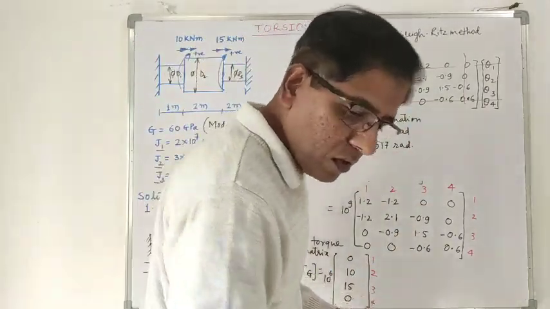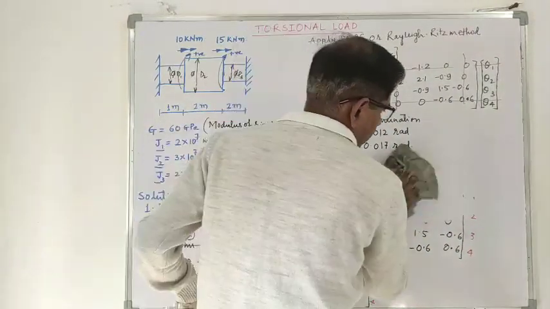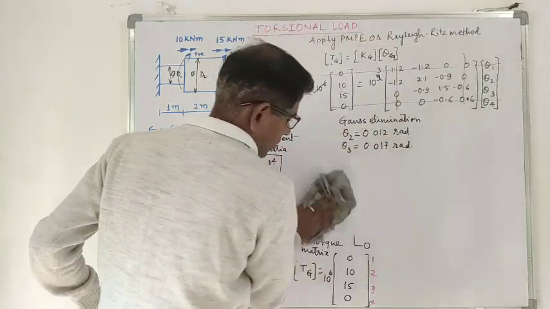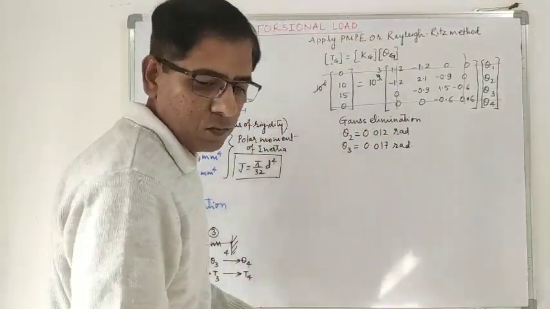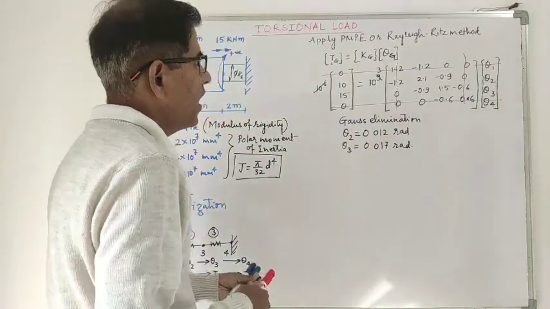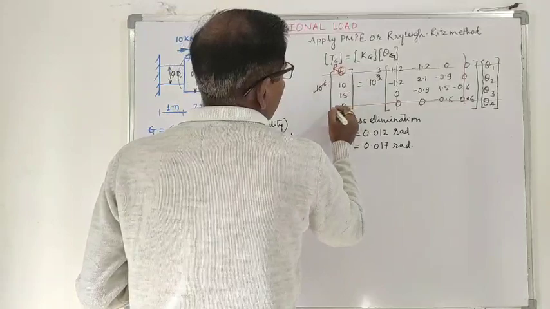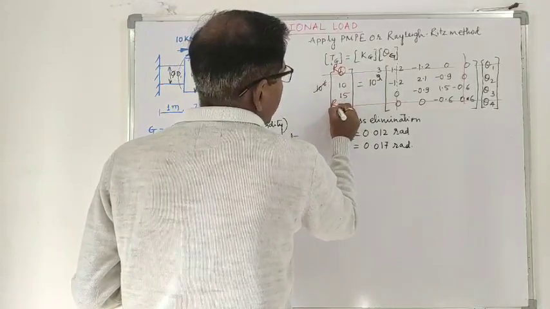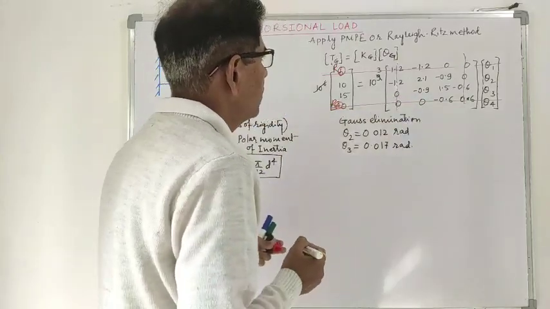Now you can find out the reactions. The reaction at node number 1 and the reaction at node number 4 can be easily found from this.